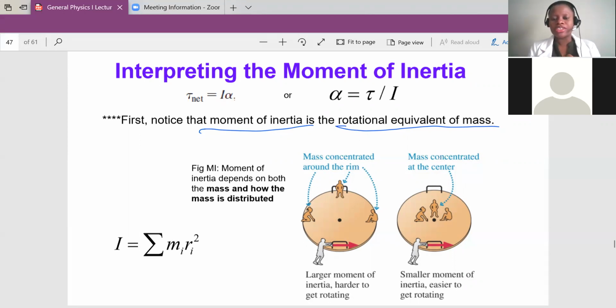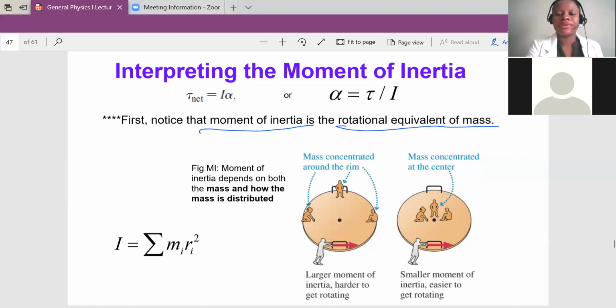When the moment of inertia is large, it will be hard to initiate motion, which is change in velocity, and hard for acceleration to easily happen. So we should know this about moment of inertia: it is the mass equivalent.